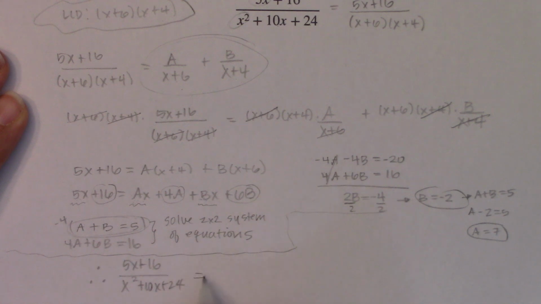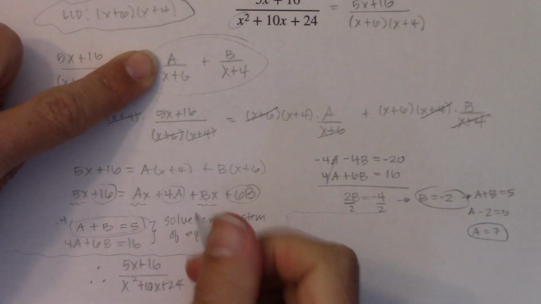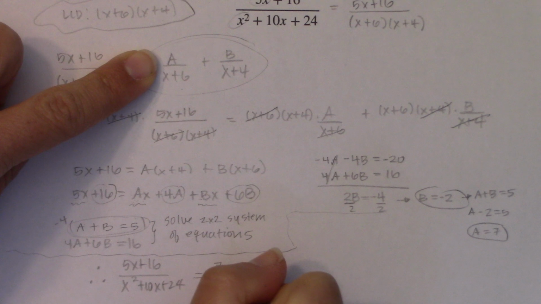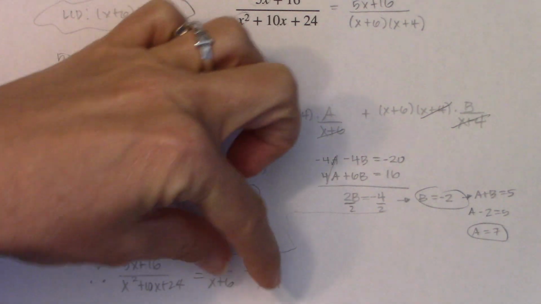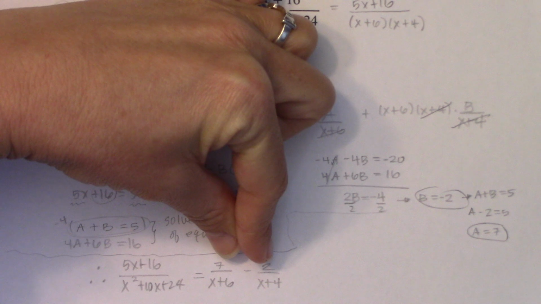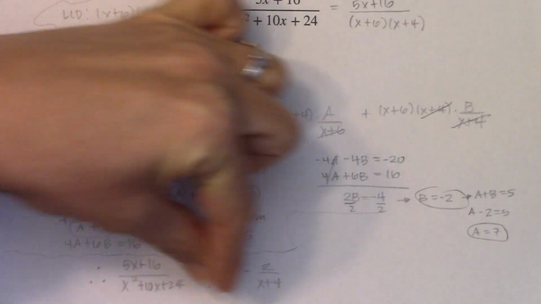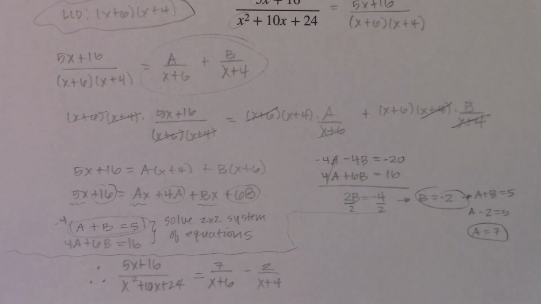I can break that into 7 over x plus 6, and then I'm going to do minus 2 over x plus 4. Right? And if I ever wanted to go and check my work, I could find the LCD here, combine like terms, see if I got back to 5x plus 16.